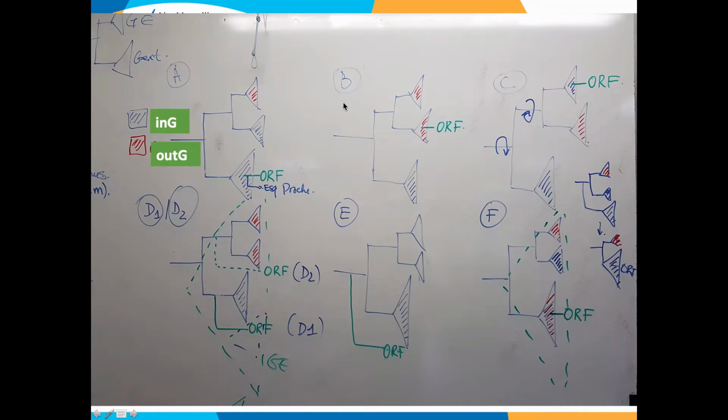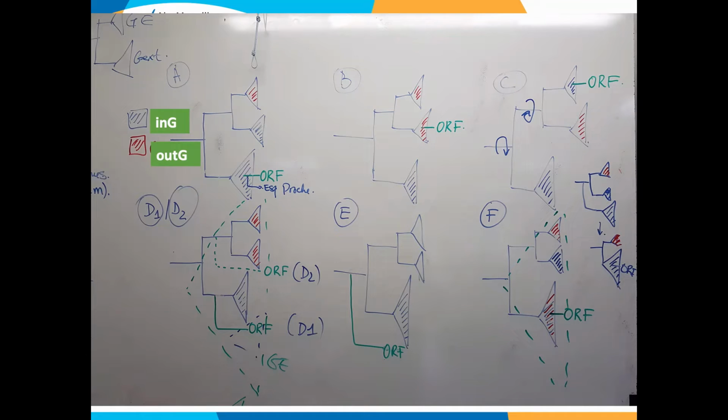And then we take the B case. We have, once again, the in group here, the out group here, and the out group here. After the tree, I get the topology. As you can see, the open reading frame belongs to an out group monophyletic group.